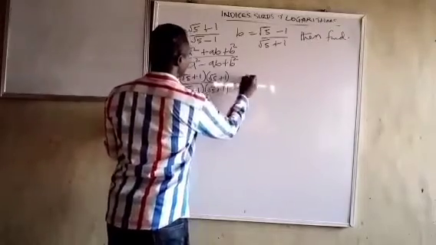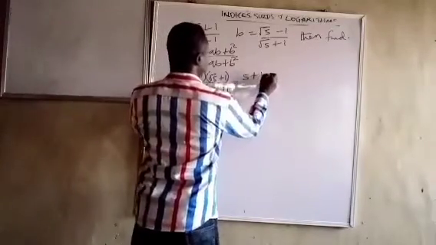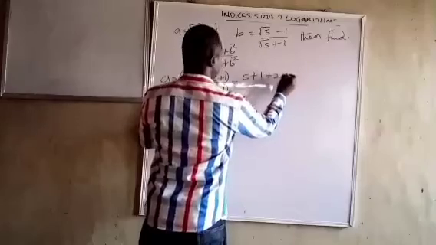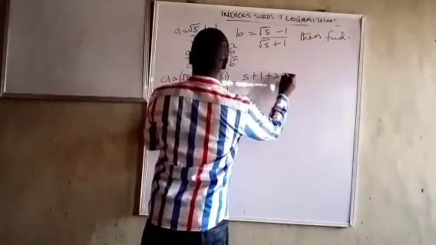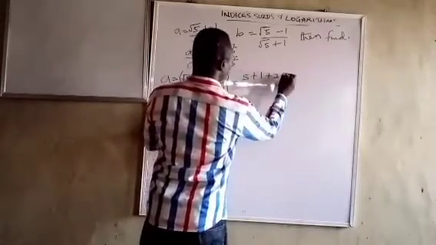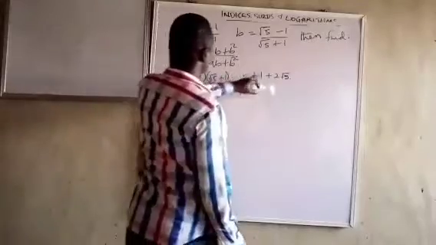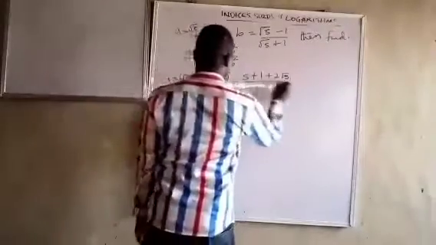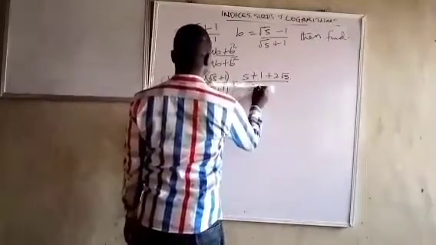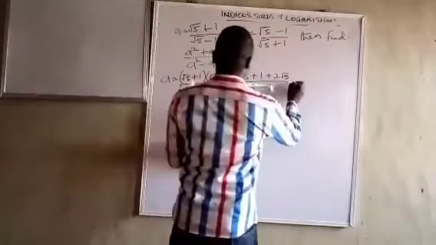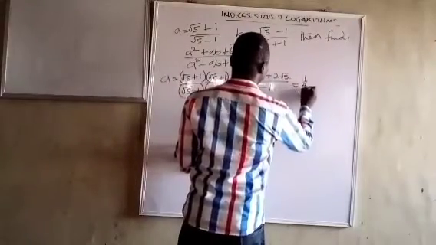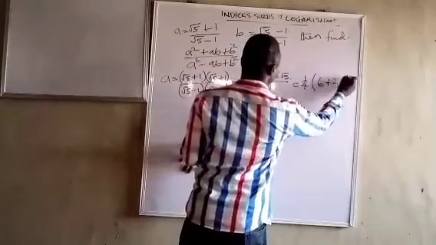And this gives me 5 plus 1 plus 2 root 5 plus 2 root 5 over 5 minus 1. And that gives me 1 over 4 into 6 plus 2 root 5.